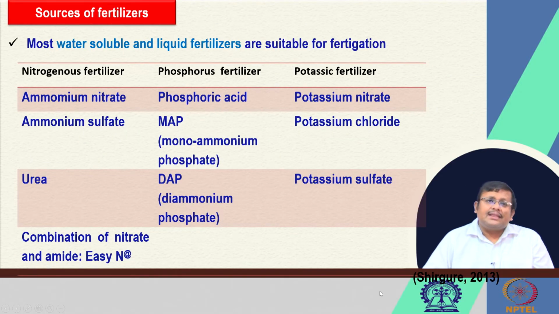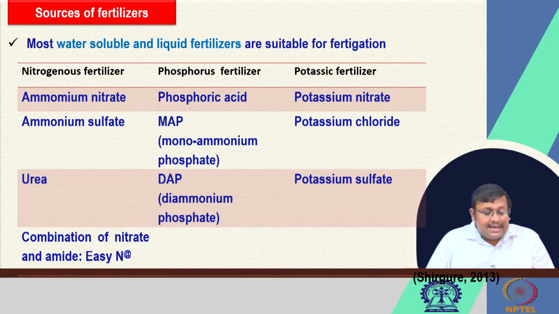Now, let us see what are the sources of the fertilizers. As I have mentioned, one of the major criteria of fertigation is the use of water soluble fertilizers. So, most water soluble and liquid fertilizers are suitable for fertigation. What are those water soluble fertilizers?